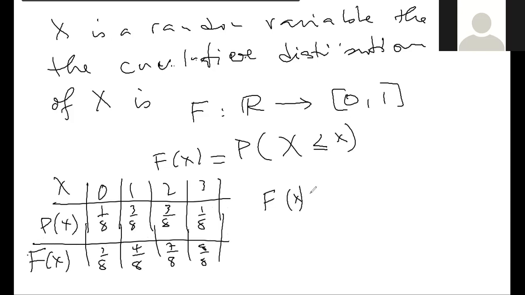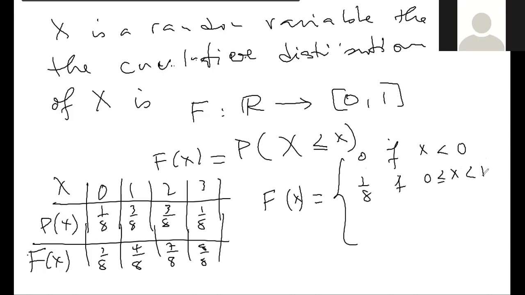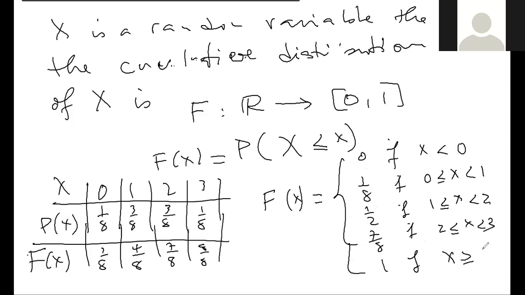So we define it as F of x equals 0 if x is less than 0, 1 over 8 if 0 is less than or equal to x less than 1, 1 over 2 if 1 is less than or equal to x less than 2, 7 over 8 if 2 is less than or equal to x less than 3, and 1 if x is greater than or equal to 3.